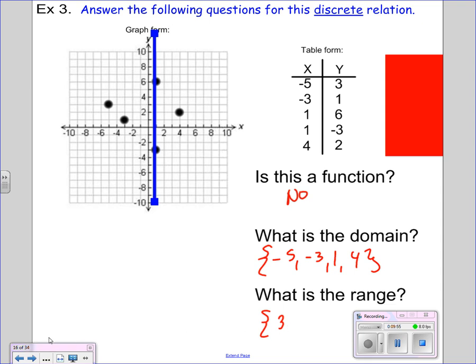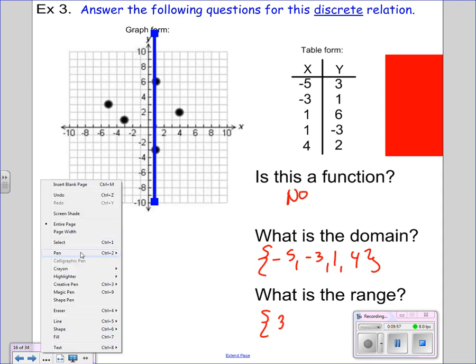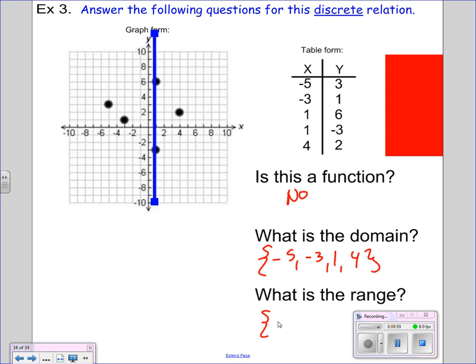Oh, put it in order. So we would have negative 3, 1, 2, 3, and then 6. Always from least to greatest. So when it's discrete, again, you list them all out, but you put them in a fancy brace as well.